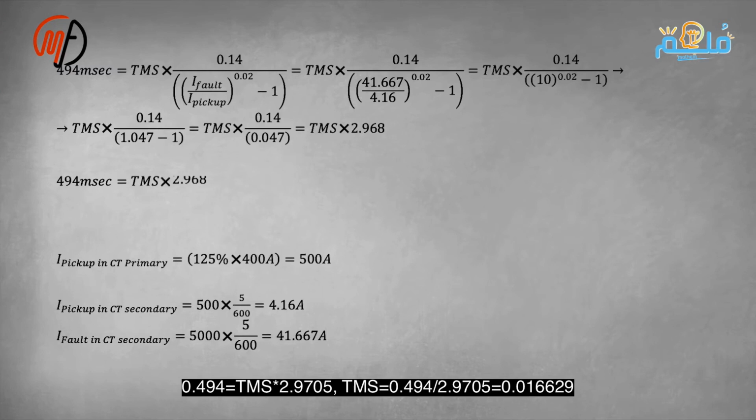Therefore, TMS is 0.494 divided by 2.9705, approximately 0.17.